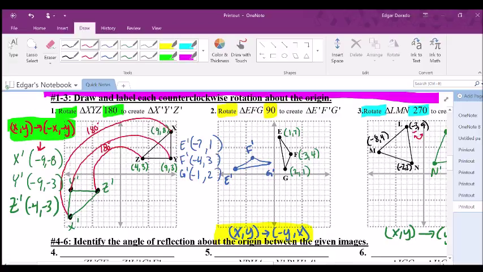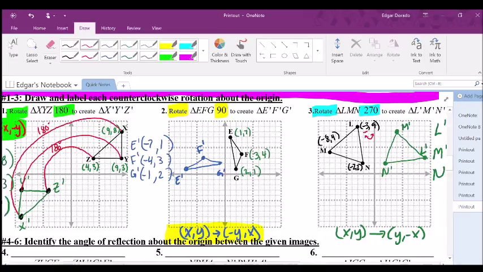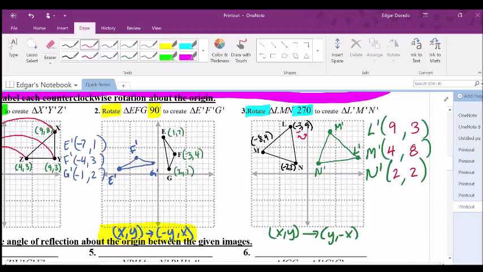Okay, so all those rotated 180 degrees. All right, let's go ahead and take a look at this one. I want to show you guys exactly what happened here.